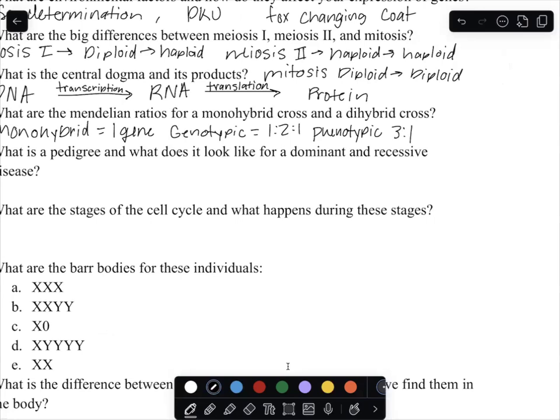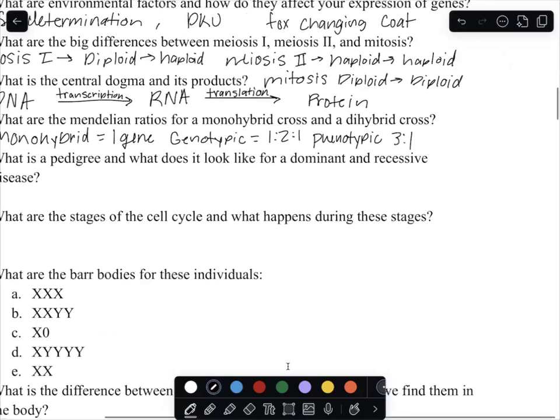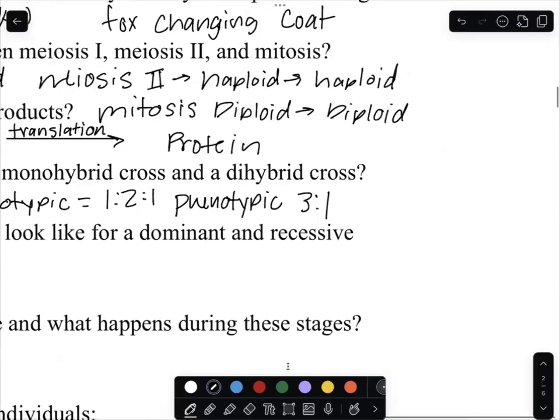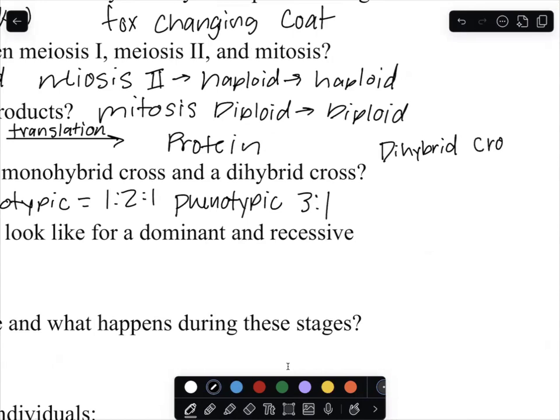And then really all you need to know for a dihybrid cross, I'll try to fit it over here. Oops. Hope it's still recording. Dihybrid. It would be 2 genes, and they are heterozygotes for the gene.